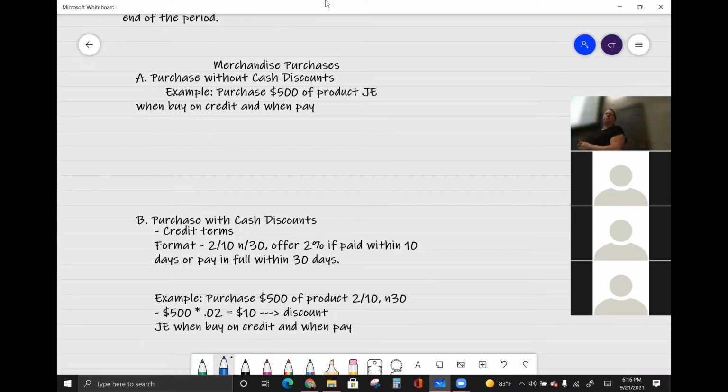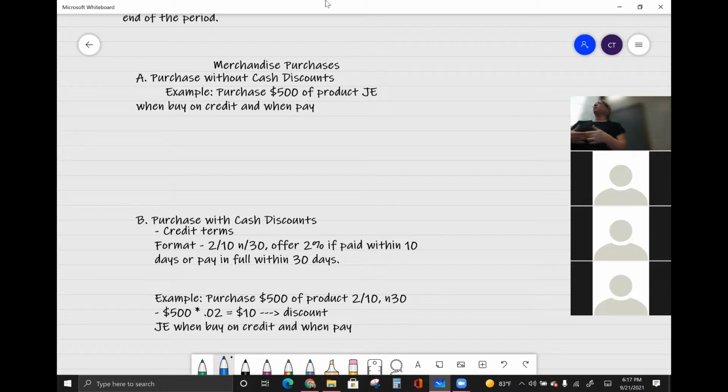Okay, so merchandise purchases. So we're going to purchase product, and we can buy it with a cash discount or without a cash discount. I talked a little bit about this, that we can buy with a discount term, which is something that some manufacturers or some wholesalers may offer to you.